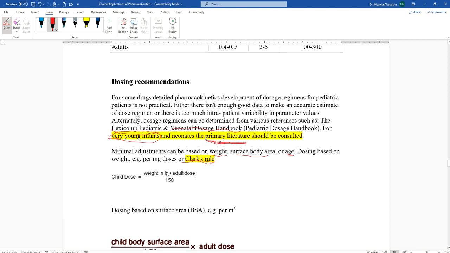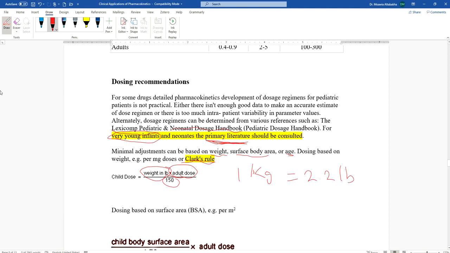Clark's rule takes into account the weight. How do you calculate the dose for the child? You divide the weight of the child in pounds by 150, and then multiply that by the adult's dose. It's known that 1 kilogram is equivalent to almost 2.2 pounds.